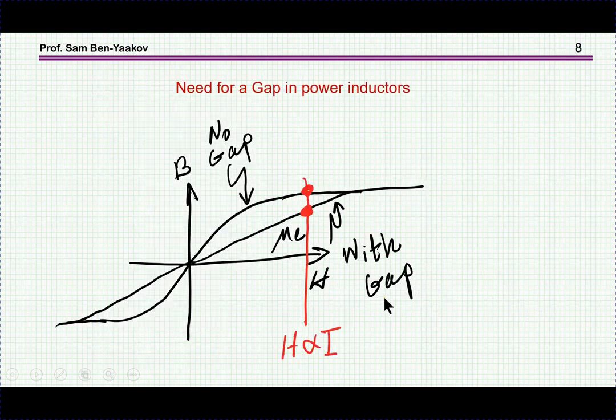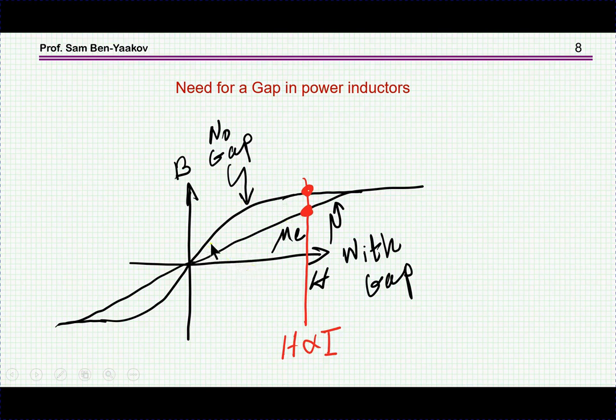Now, one more point to be addressed is the fact that in the case of a power inductor, we do need a gap, because without a gap, due to the high permeability of the material that we are using, like ferrite cores, very quickly as we pass a current through the inductor, it'll go into saturation.